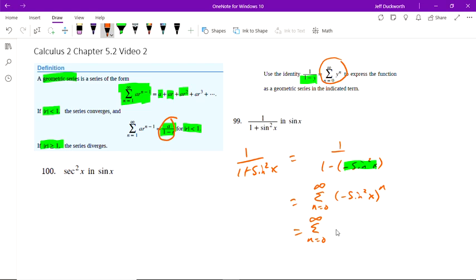So negative 1 to the n power is this. And then we have sine squared to the n power. Well, we have the second exponent raised to an n exponent, so that's going to be multiplication. So that's going to be sine to the 2n of x. And this should be our solution here.